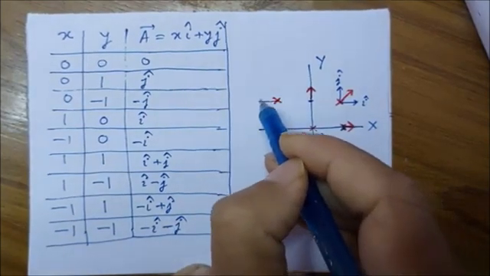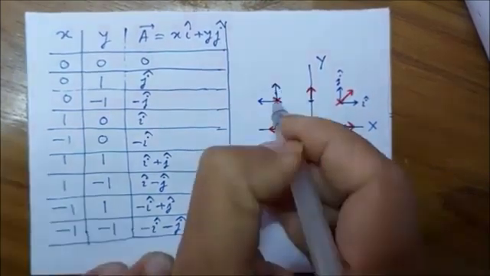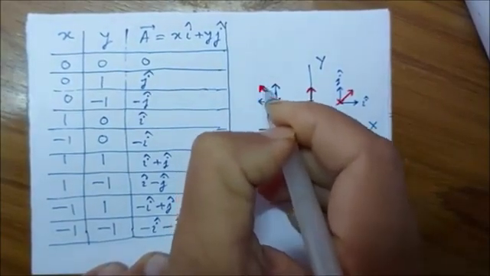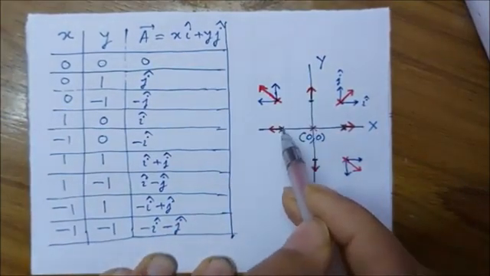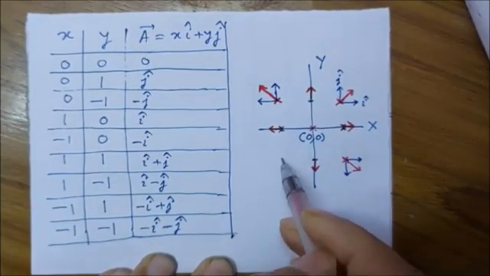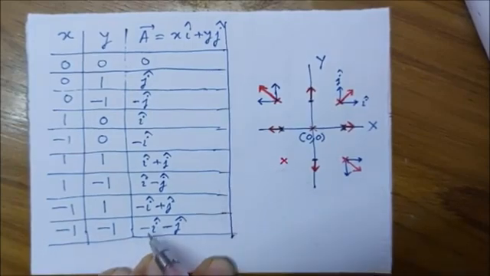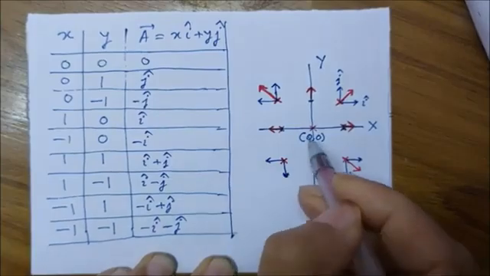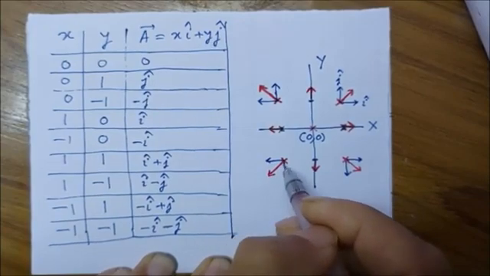Minus i cap is here and j cap is along this direction. The resultant will be along this direction. And finally, x is minus 1, y is minus 1. We are here, where vector A is minus i cap minus j cap. So at this point, this is minus i cap and this is minus j cap. So this is the direction of vector A at this point.